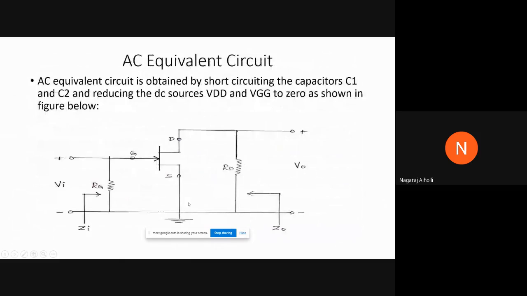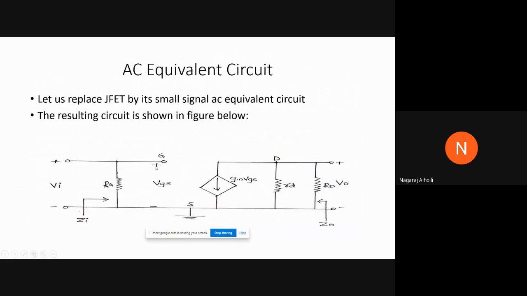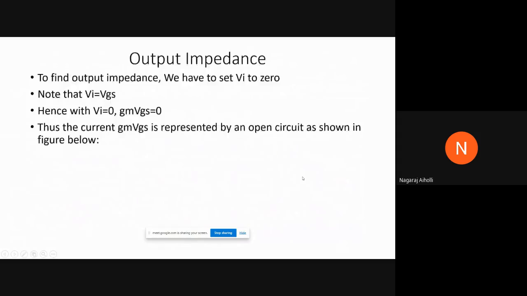Here, if we make Vi equal to 0, VGS is 0. So when VGS is 0, gm VGS will be 0. When gm VGS is 0, the current source becomes open circuited, is it not? So the output portion of the AC equivalent circuit is redrawn like this.